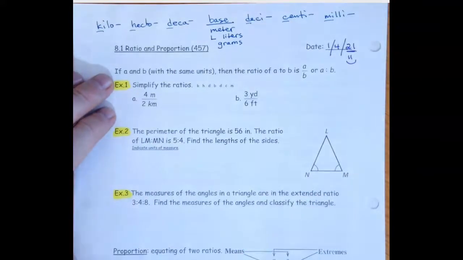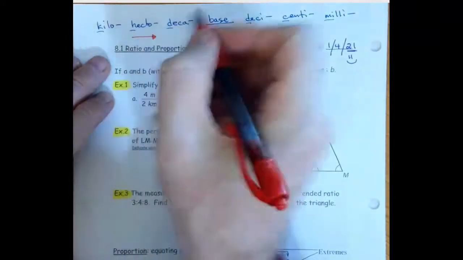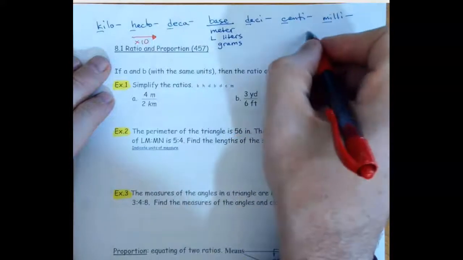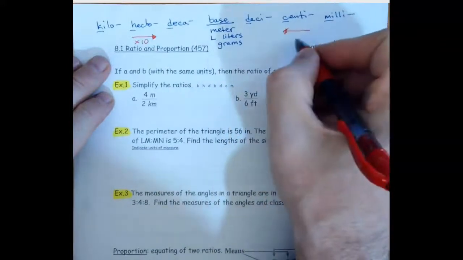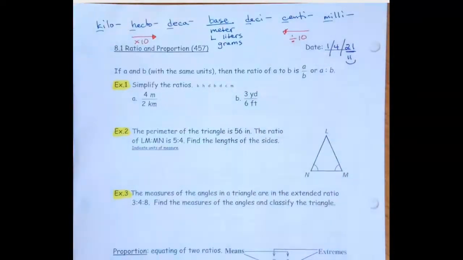Okay, so if you are converting something this way to the right, you are going to multiply by 10. And if you are moving something to the left, you're going to divide by 10. So that's a little review of the metric system there.